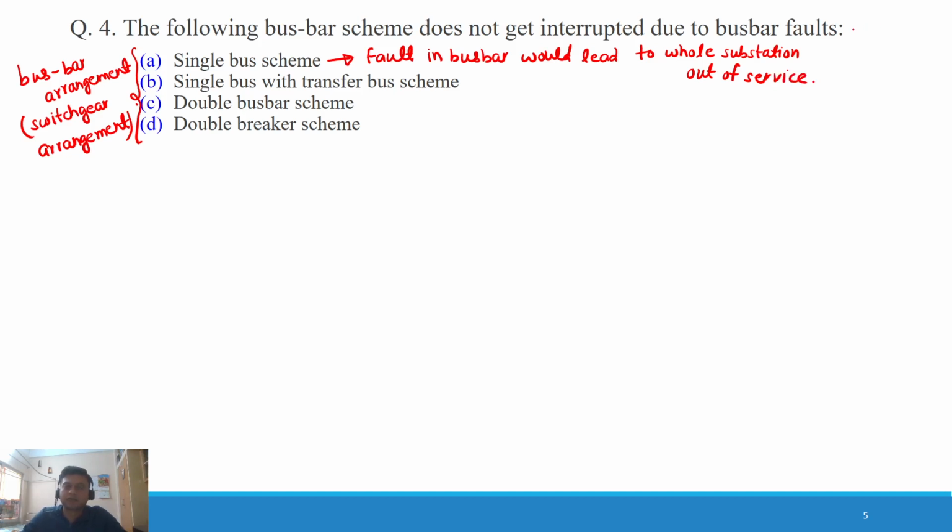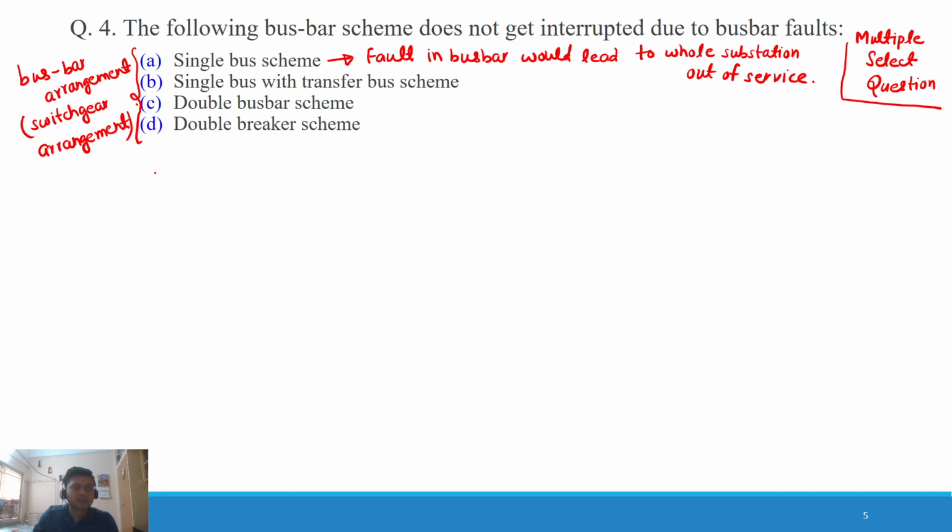And this problem number 4 is not a single select question, it is a multiple select question having multiple answers, so more than one option is correct. Now if we see the single bus with transfer bus scheme, there are two busbars, one is the main bus and the other is the transfer bus.